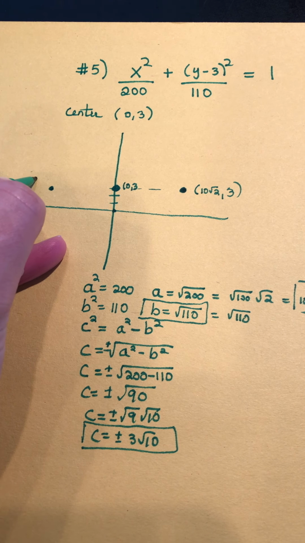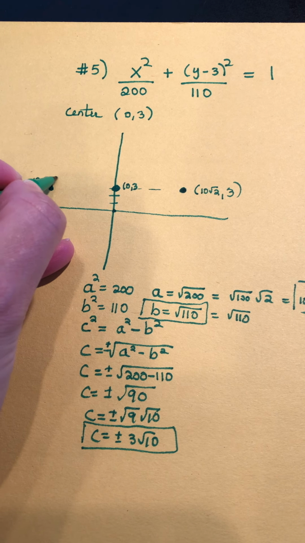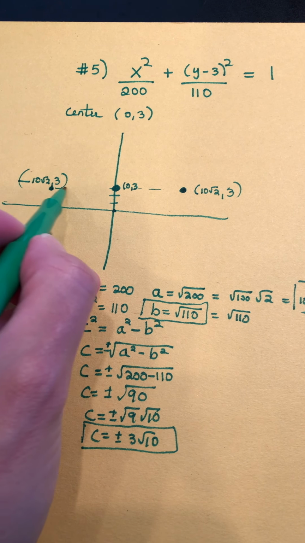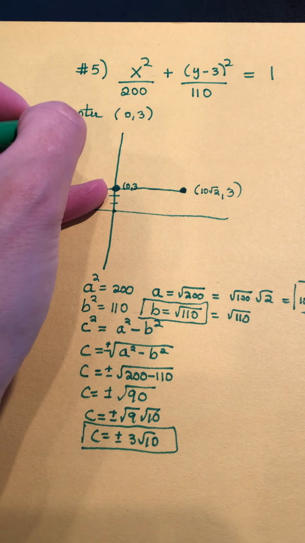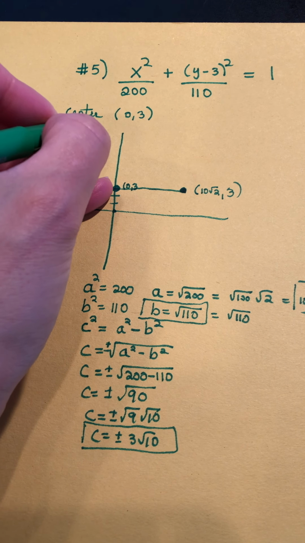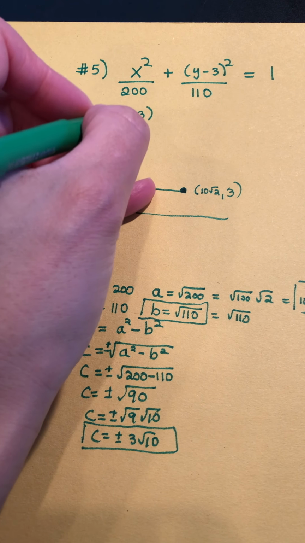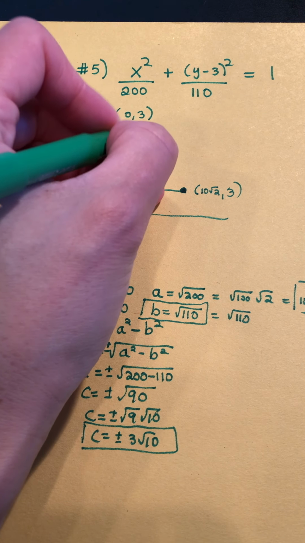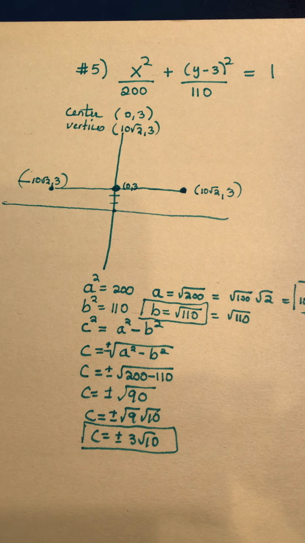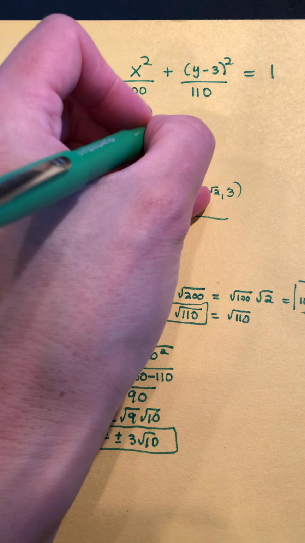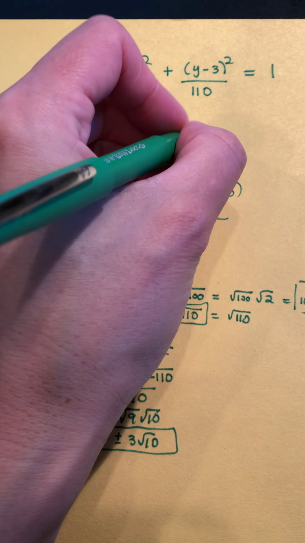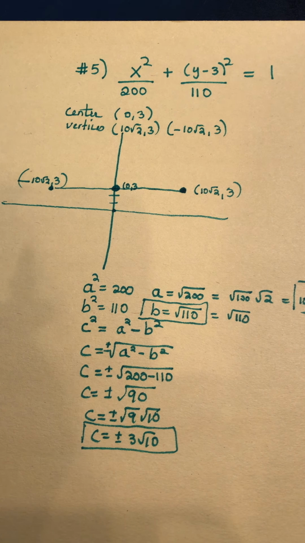Negative 10 root 2 comma 3. Okay, so this is my major axis. My vertices are (10 root 2, 3), which I know is a weird answer, but that's technically right, and (negative 10 root 2, 3). Okay. It also wants us to find the co-vertices.